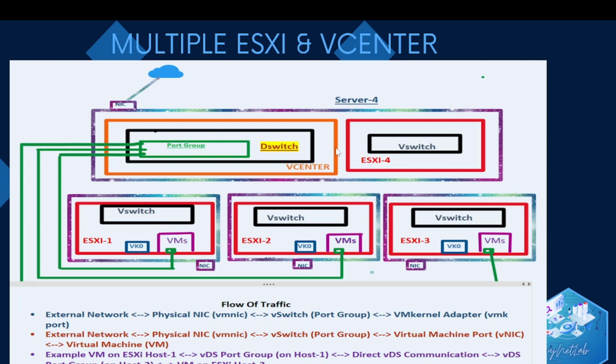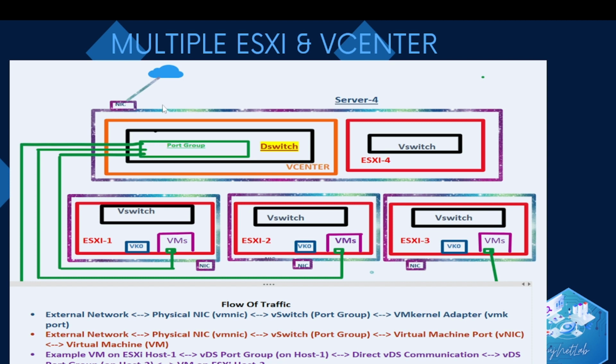This port group is added. We have mapped this D switch to the host, ESXi host. Now what next? You can assign this physical NIC to this D switch uplink.